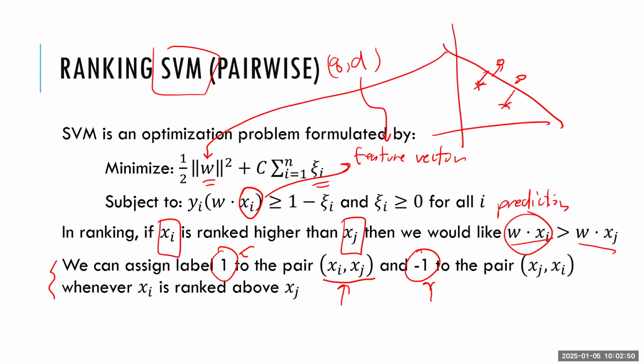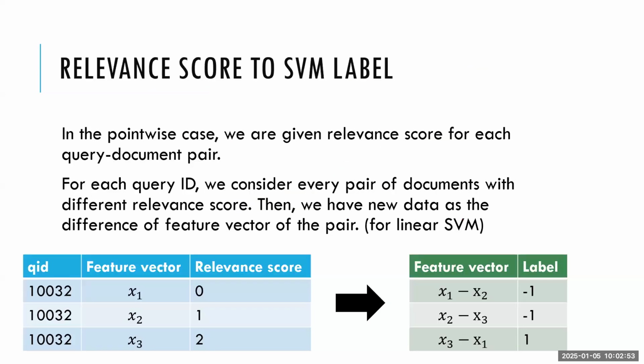And the beauty of this is that we can keep the same number of features by subtracting the vectors. And the reason behind it is that if xi ranks higher than xj, you want wxi to be greater than wxj, and the label would be 1.